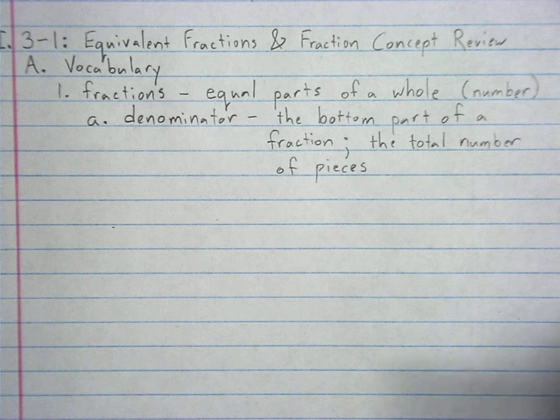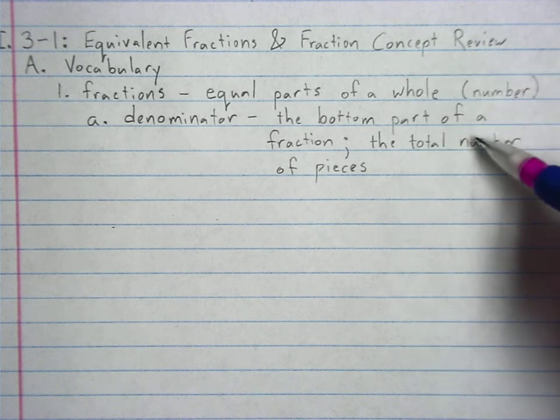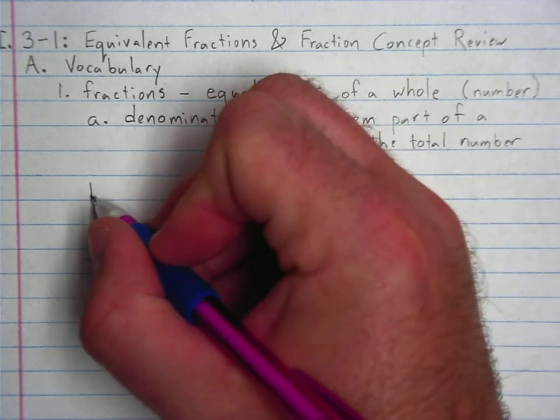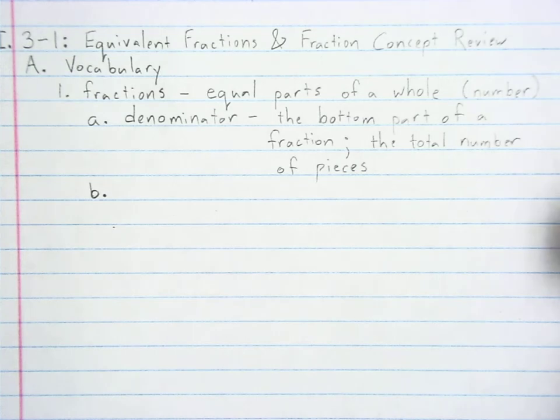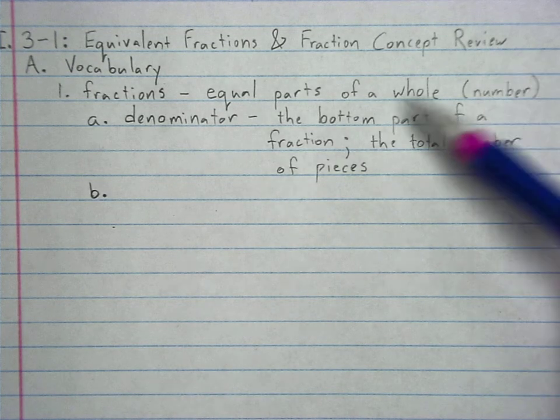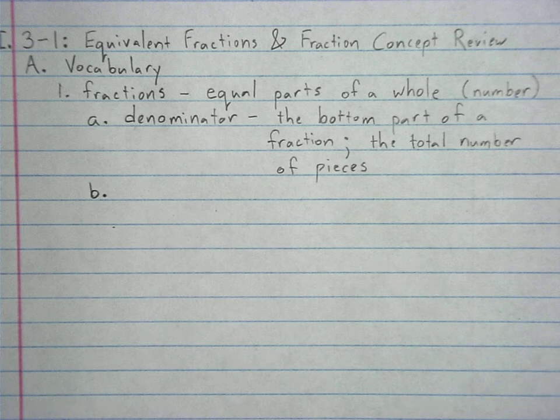If I break something into 6 chunks, then the denominator will be 6. If I break something into 23 chunks, the denominator will be 23. The denominator tells you the total number of pieces. Goes the other way too. If you see a fraction that has a 15 on the bottom, then you know whatever whole number we started with, we broke it into 15 pieces.